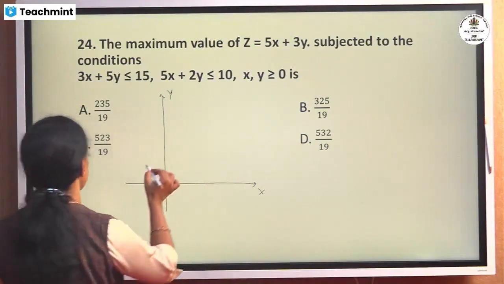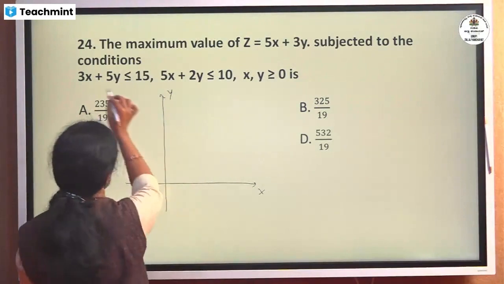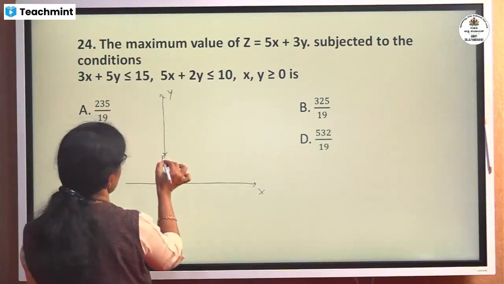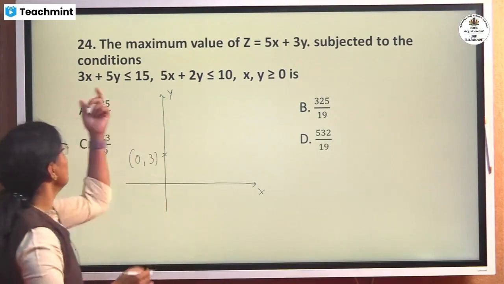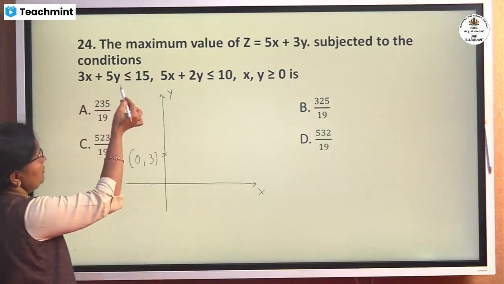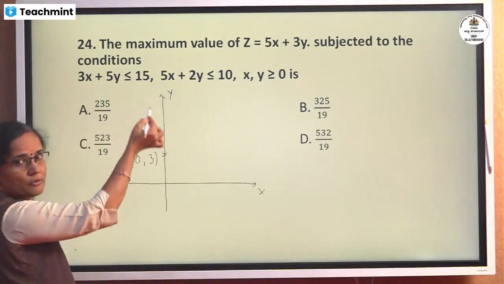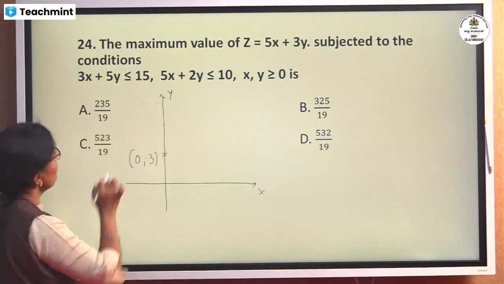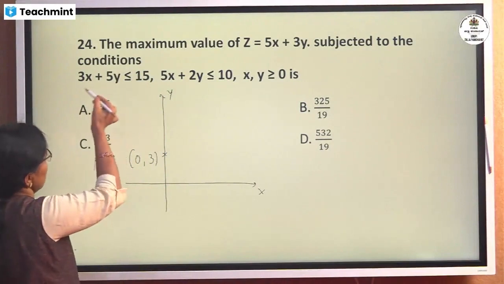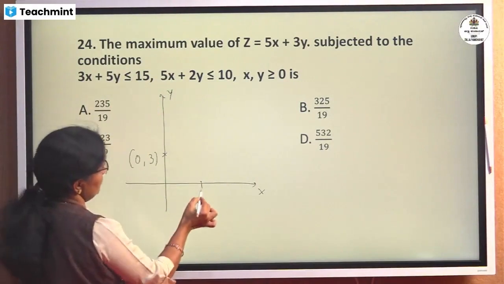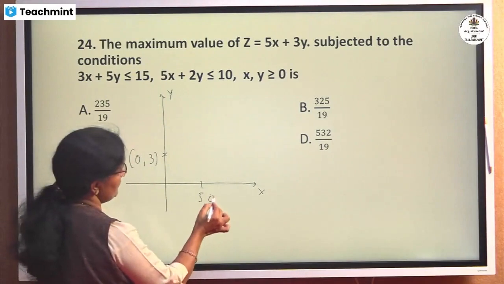What are the points that you have to calculate? Substitute x is equal to 0. 5y is equal to 15. Therefore, y is equal to 3, so you will get the point (0, 3) directly. So y is equal to 0, 3x is 15. Therefore, you will get here (5, 0).